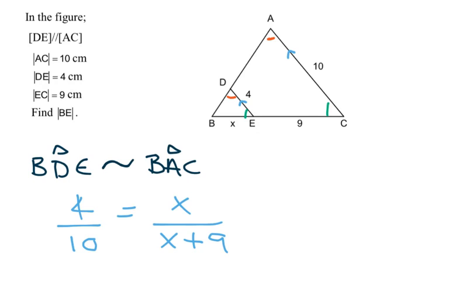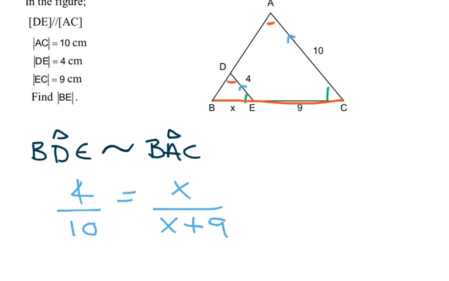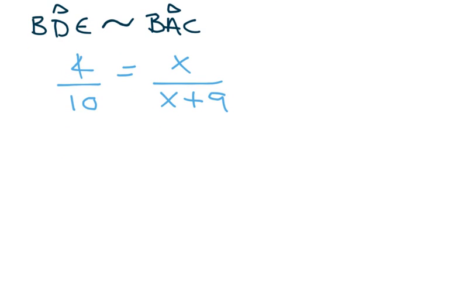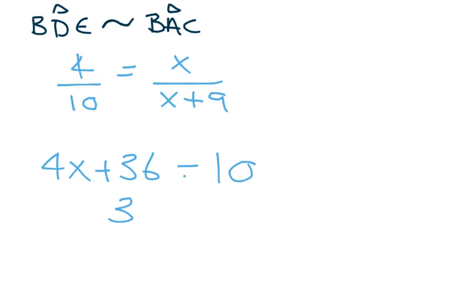That's because 4 is the side of the smaller triangle and 10 is its corresponding side, and then BE is the side in the smaller triangle, but all of BC would be the corresponding side to BE. And then if we go on and solve that, we're just into algebra, nothing to do with geometry now. Multiply each side up: 4x plus 4 times 9, 36, is equal to 10x, and then 36 is equal to 6x, and there we go, x is equal to 6.